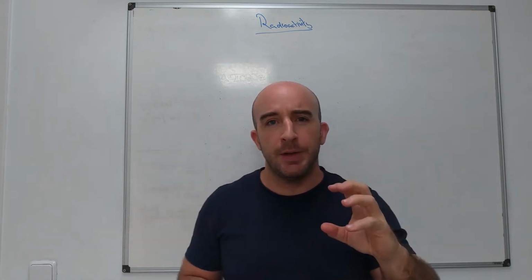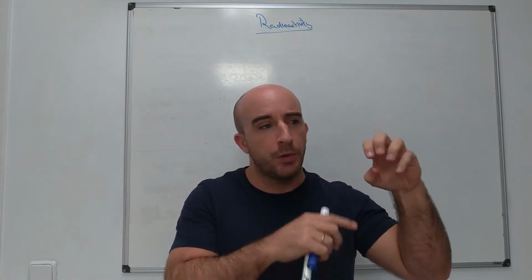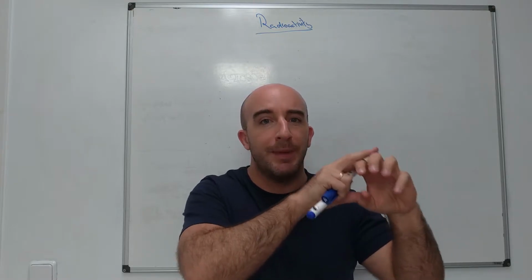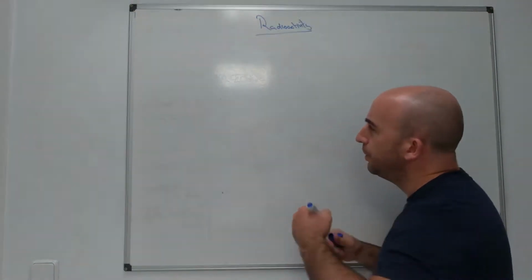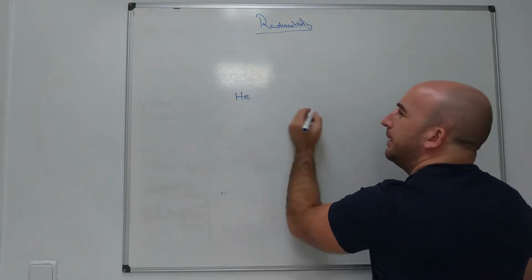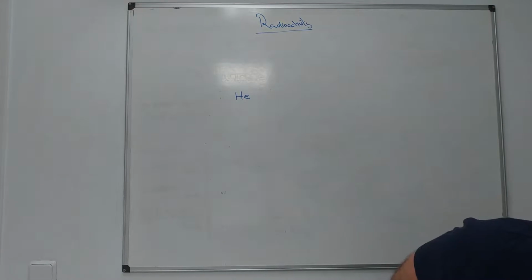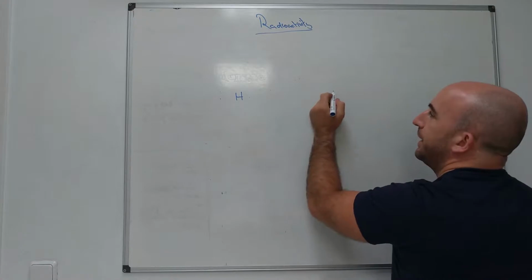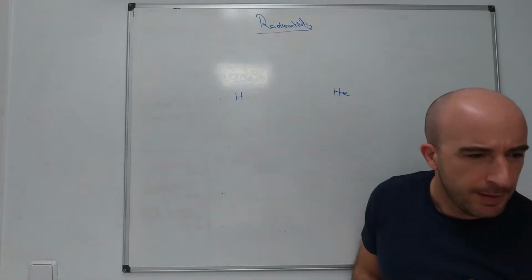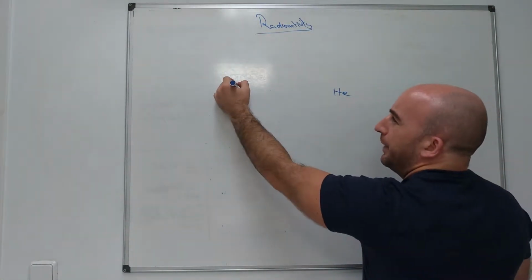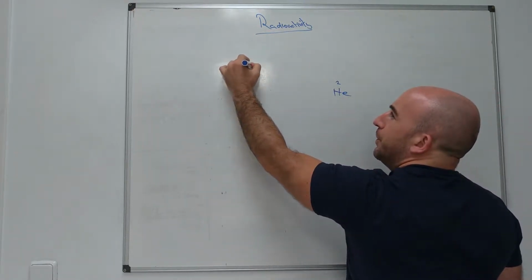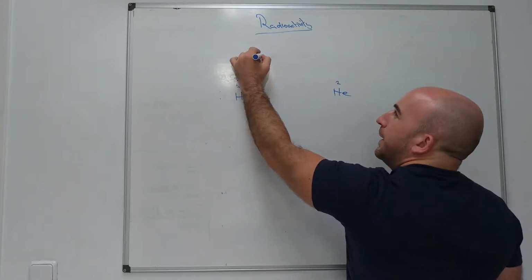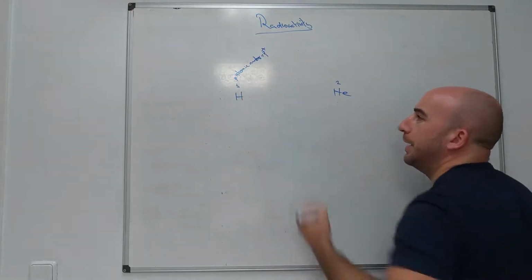So you know that an element has a core and nucleus where you have the protons and neutrons. That's where the mass is, and then you have electrons going around. If you look at the periodic table, you will see that the elements are positioned in this way, and there's a number on top of them, which is the atomic number, and it's equal to the number of protons in the element.